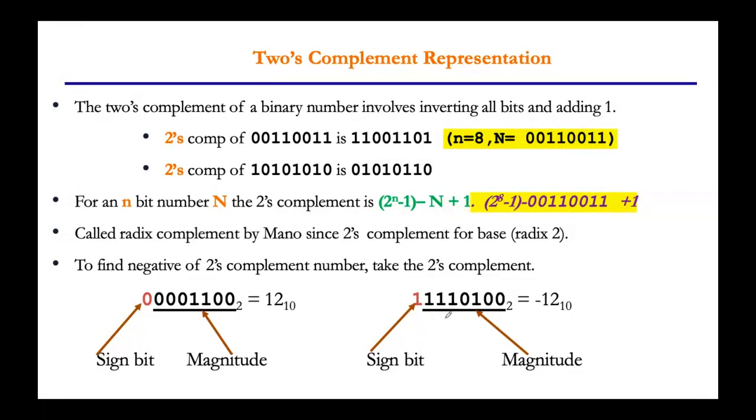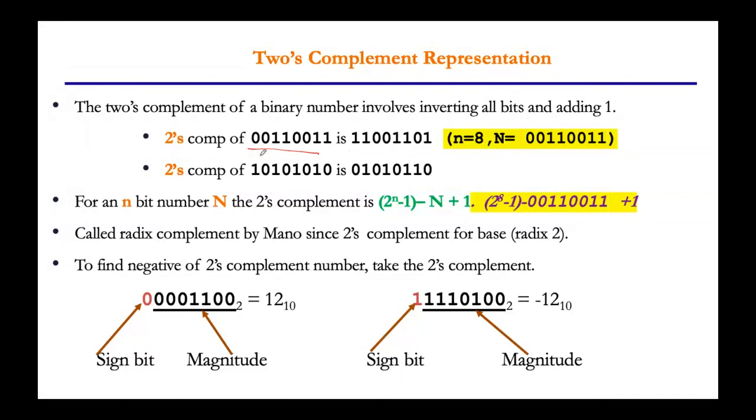Then the third representation is two's complement representation. The two's complement of a binary number involves inverting all bits and adding 1 to it. Suppose you have the binary number 00110011.